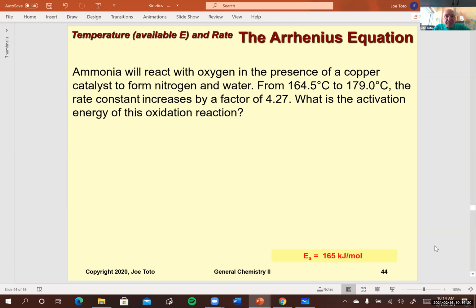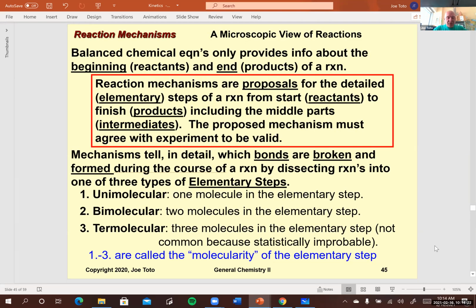All right. So let's move on to the next topic in our kinetics chapter, which is mechanisms. Thus far in your chemistry career, you've looked at reactions where some reactants get converted into products.